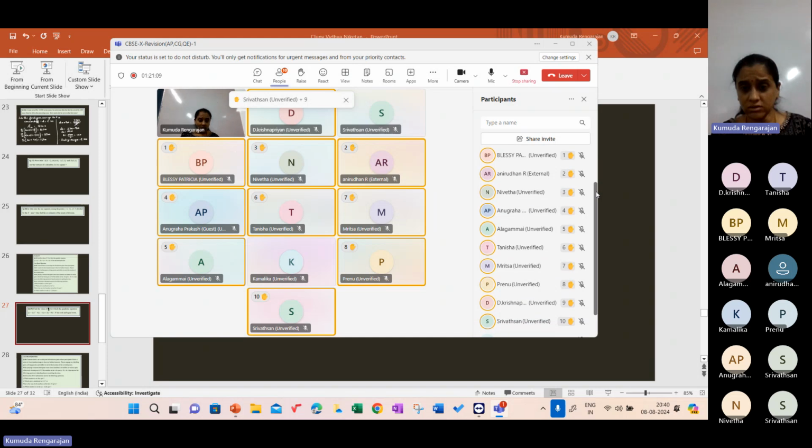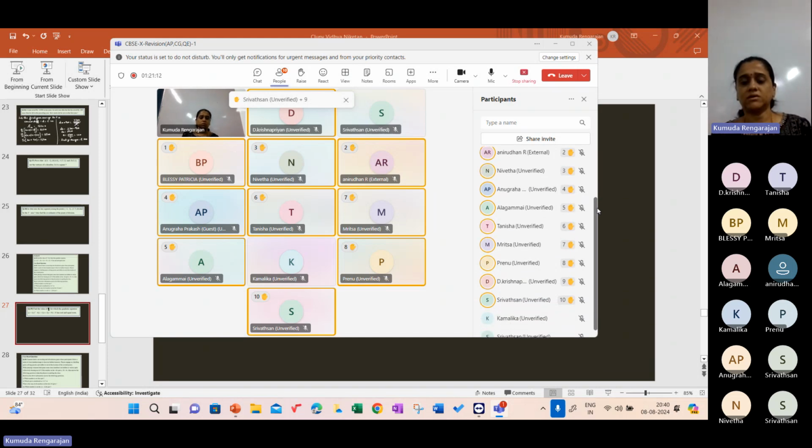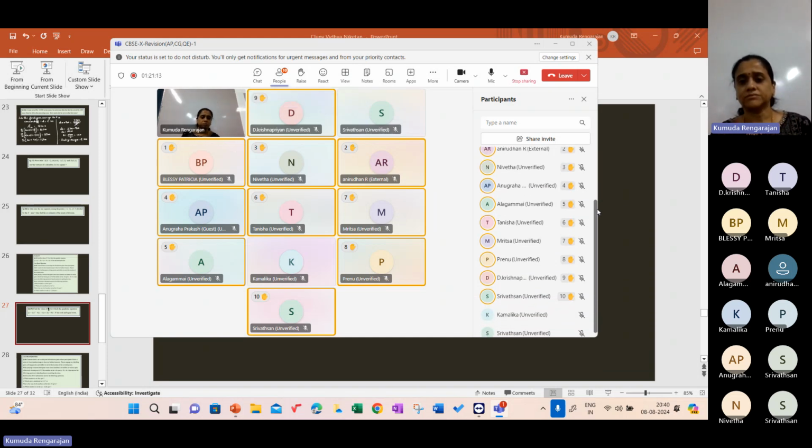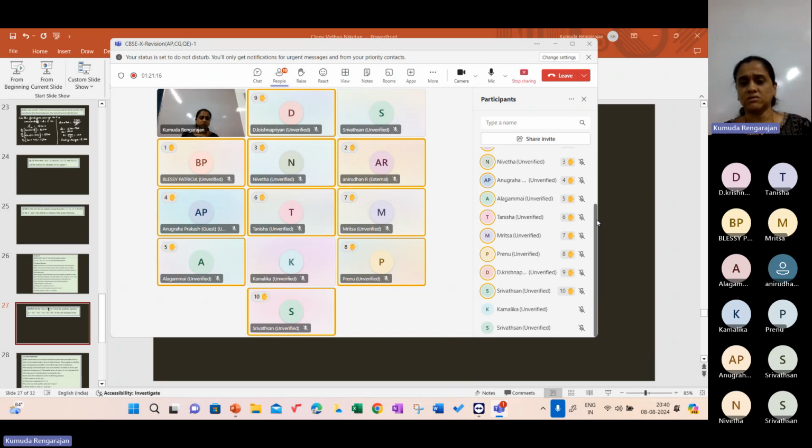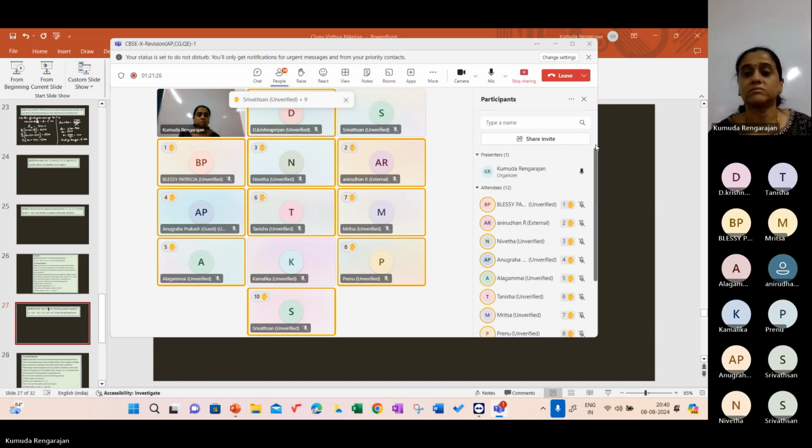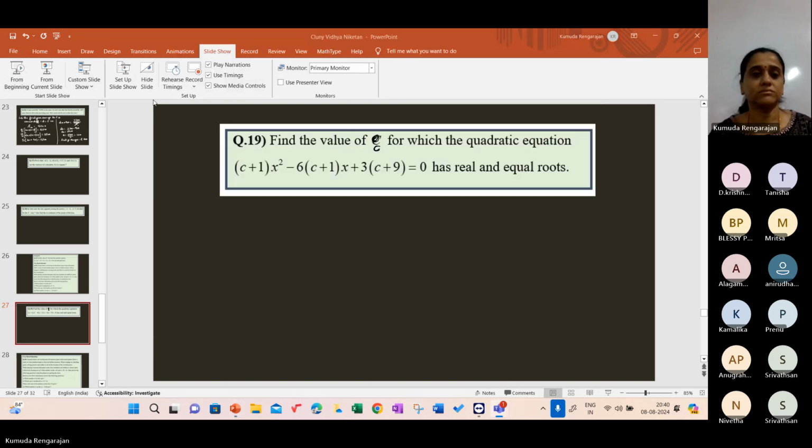Let's see, Aniruddha, Niveda, Anugraha, Aragamai, Tanishka. Tanisha or Tanishka. Okay, Amritsa, Renu, Krishnapriyan, Srivatsan, Kamalika, and Srivatsan again. Okay, good.